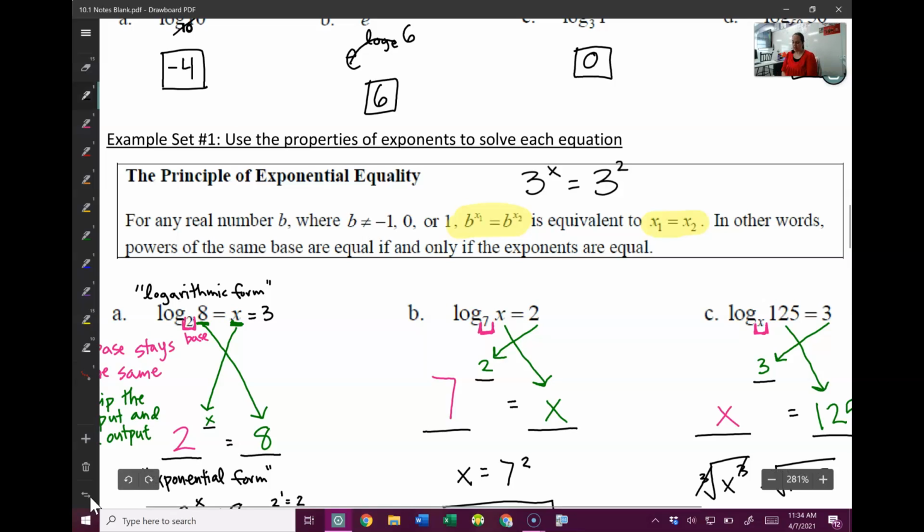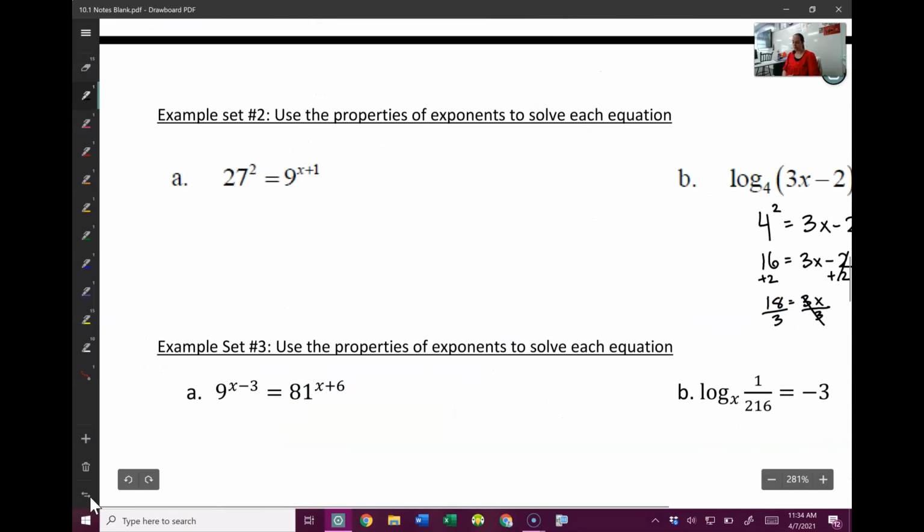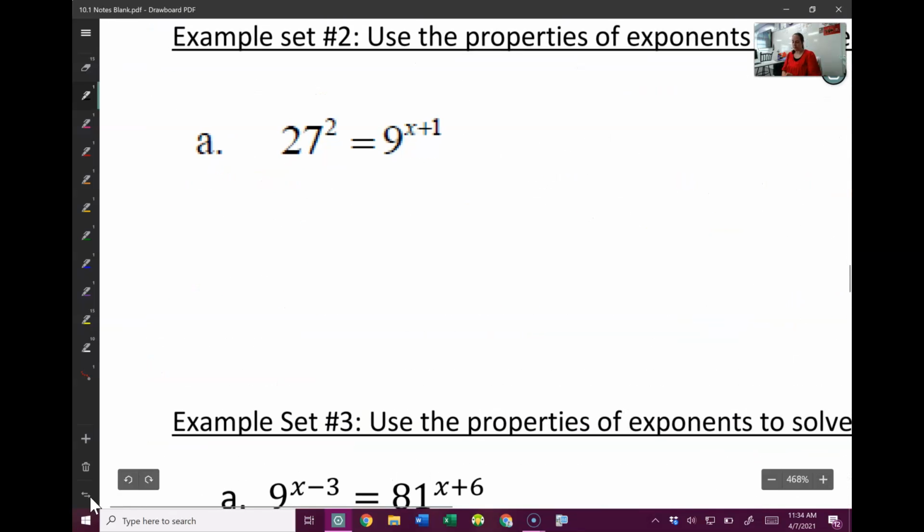So then I can essentially say, well, the bases are the same, so I can set these exponents equal to each other. That's the principle of exponential equality, and that's what we're going to use to solve this problem. So the main thing is I have to get bases that are the same.